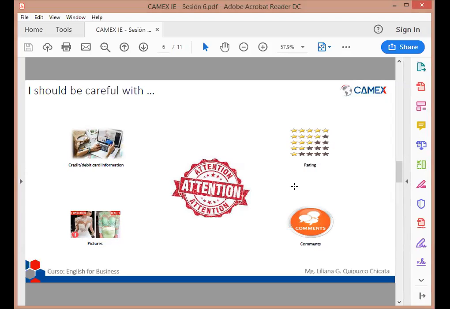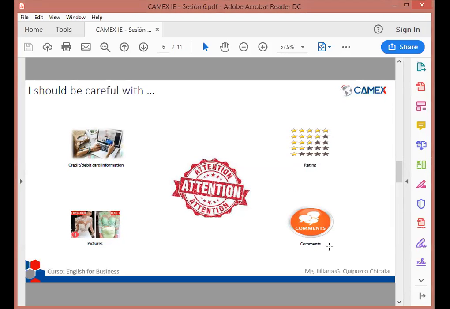If we see that they have 1 star, it means the product was not good, or maybe the supplier was not real with the information he gave on the page of the product he was selling. On the other hand, if he has 5 stars, it means he is a really good seller. He sent the product really fast, and the product was of good quality. So let's check those points.